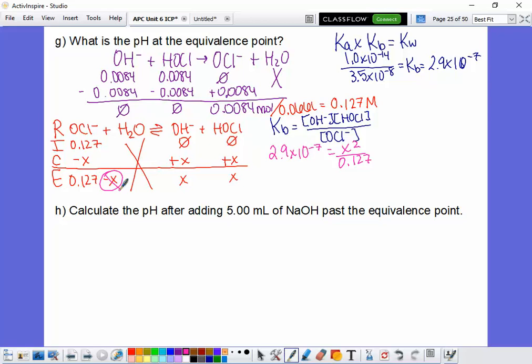Okay. So we can go ahead and solve for x, which will be the concentration of OH minus, which will then allow me to get to pH. And I got 1.9 times 10 to the negative 4. Is that what you guys got? So negative log of that will give me pOH, and then 14 minus that will get me pH.